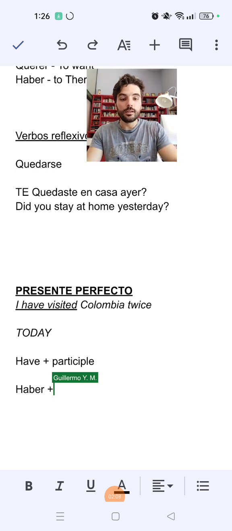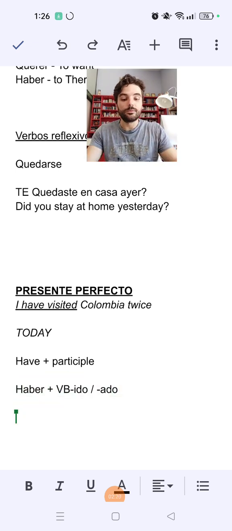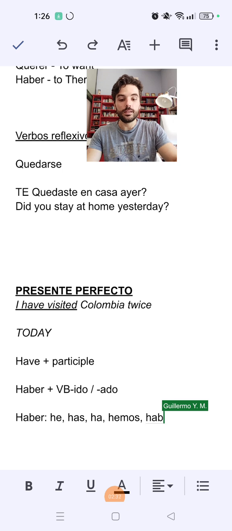So it's haber plus the suffix, so it's the verb with ido or ado. And this doesn't change, only haber changes. So in this case it would be: he, has, ha, hemos, habéis, han.